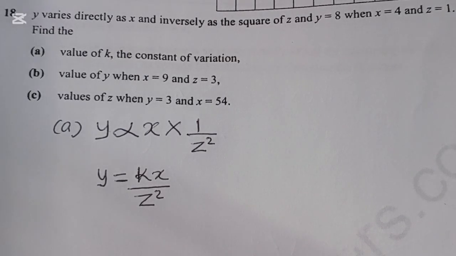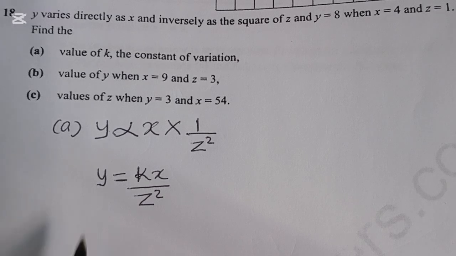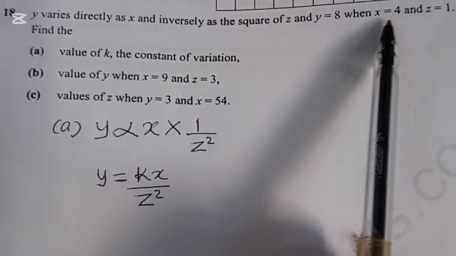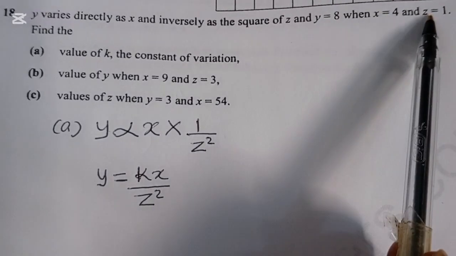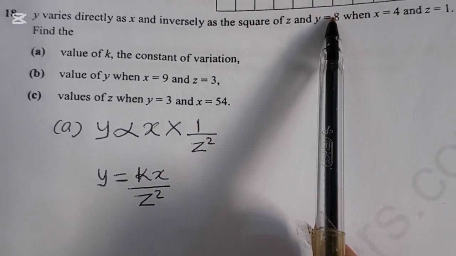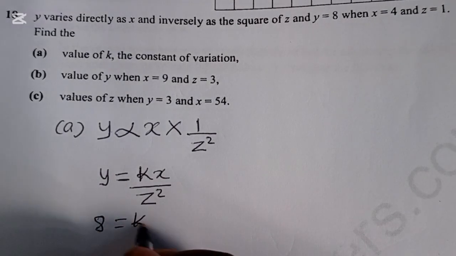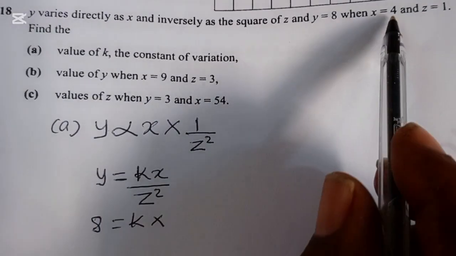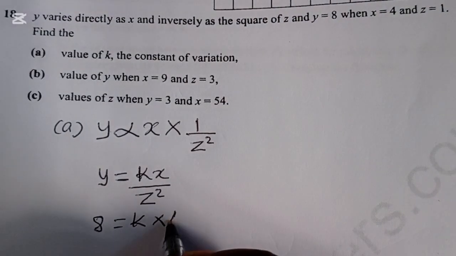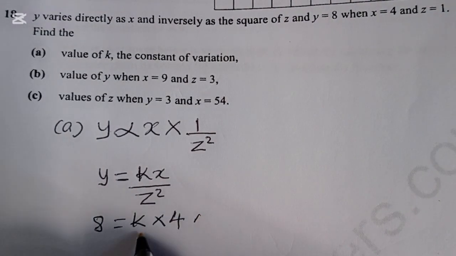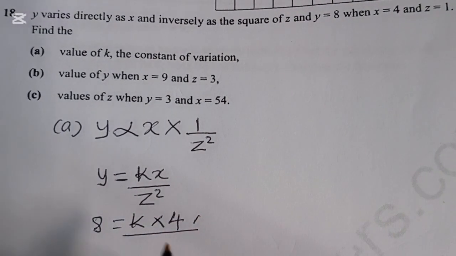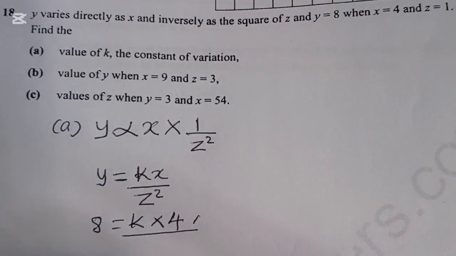So find the value of k, the constant of variation. Do we have the values of y, x, and z? Yes, we have been given in the question y is 8, x is 4, and z is 1. So where there is y, I'll substitute 8. K times where there is x, I'll substitute 4. Where there is z, I'll substitute 1.